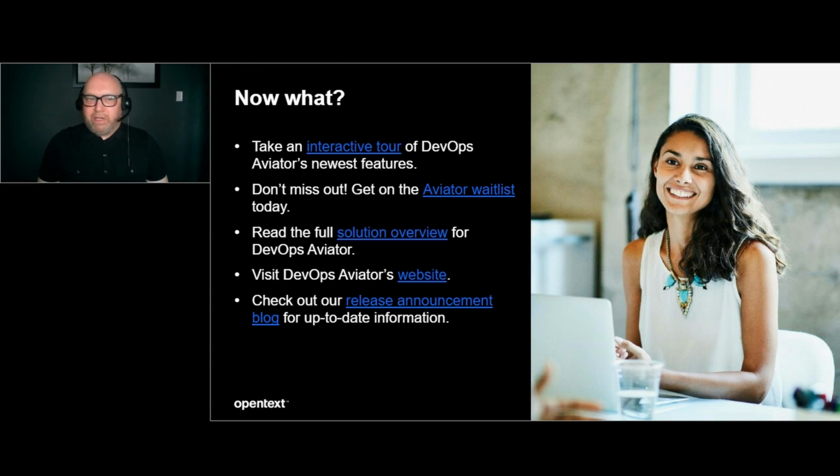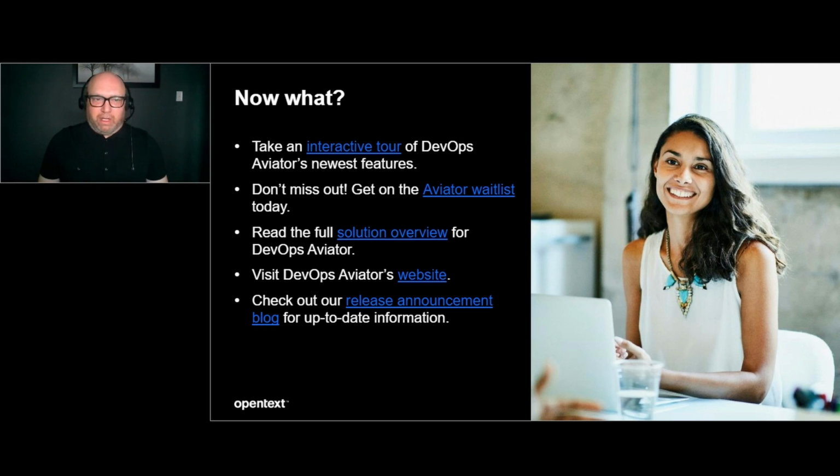Visit DevOps Aviator's website, or check out our release announcement blog. There are also some other blogs on the OpenText blog site that I put out in late November and December. 3 different blogs that identify the individual features that I went through here today, if you're interested.